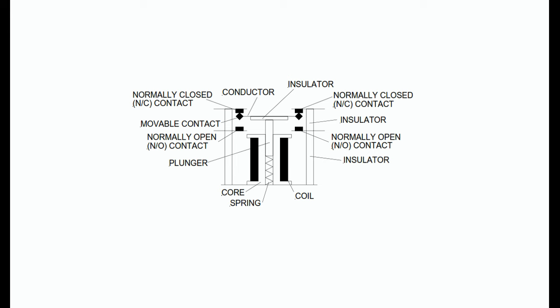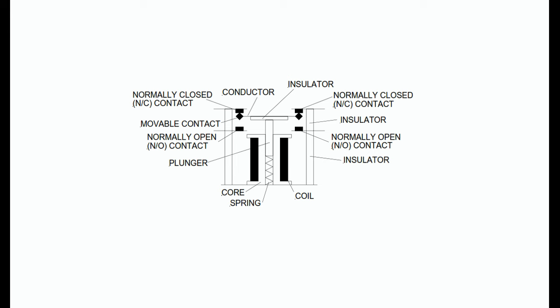Referring to the figure, when the coil is de-energized, the movable contacts are connected to the upper fixed contact pair. These fixed contacts are referred to as the normally closed contacts because they are bridged together by the movable contacts and conductor whenever the relay is in its power-off state. Likewise, the movable contacts are not connected to the lower fixed contact pair when the relay coil is de-energized.